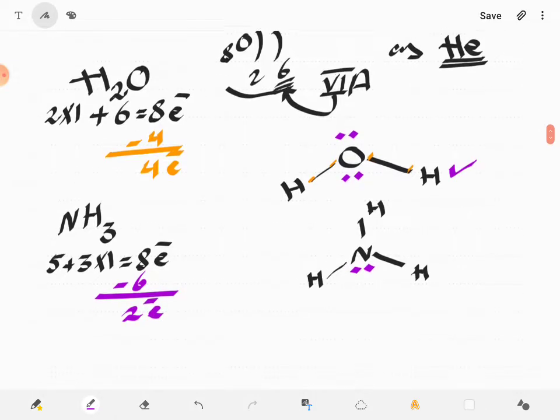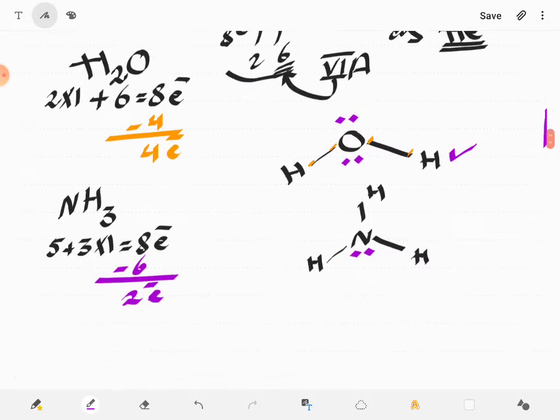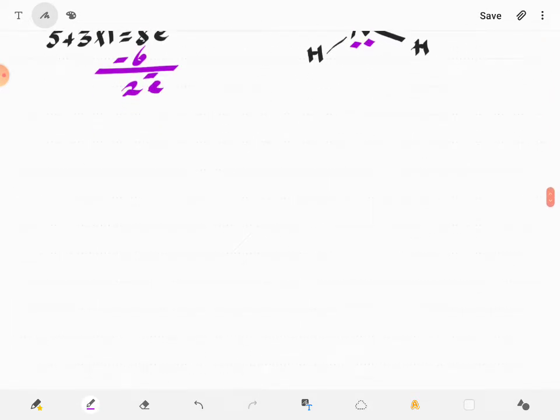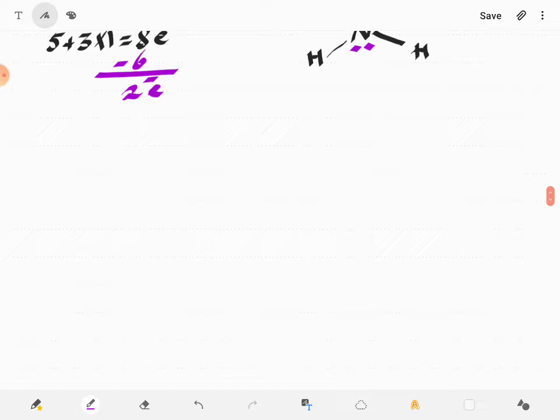Let's see other structures. Let's say CO2, carbon dioxide. Carbon is 6, 2, 4, so it has 4 valence electrons. What about oxygen?